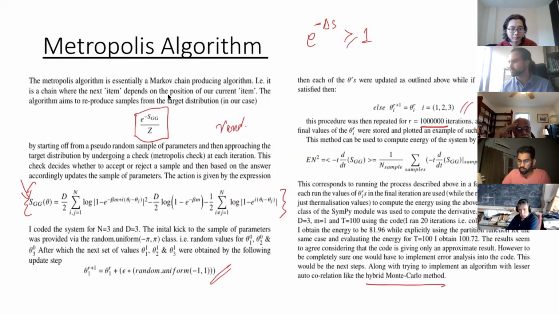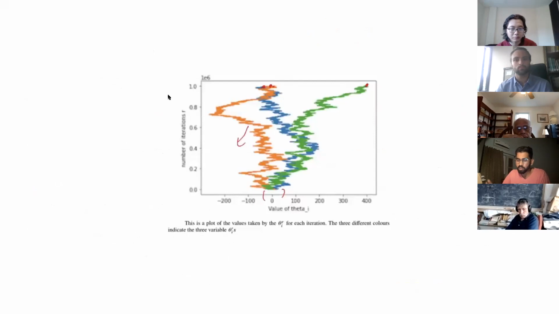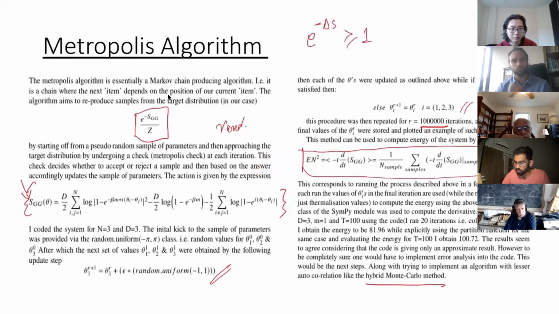Also, in terms of explicitly computing the energy for, say, a particular case, this is the formula where we sum over each sample. Now, a particular sample basically involves these n values for the thetas. And I do this for the case of n equals 20 iterations.